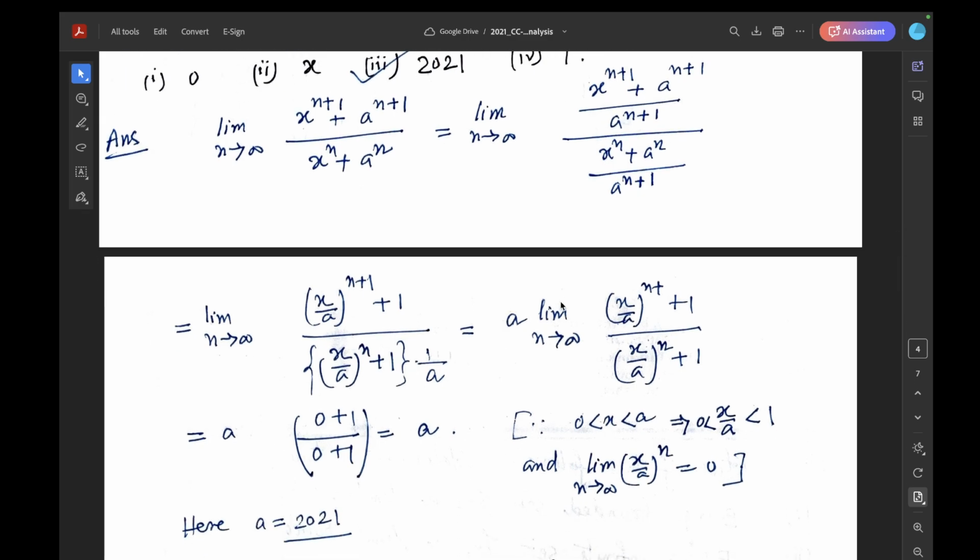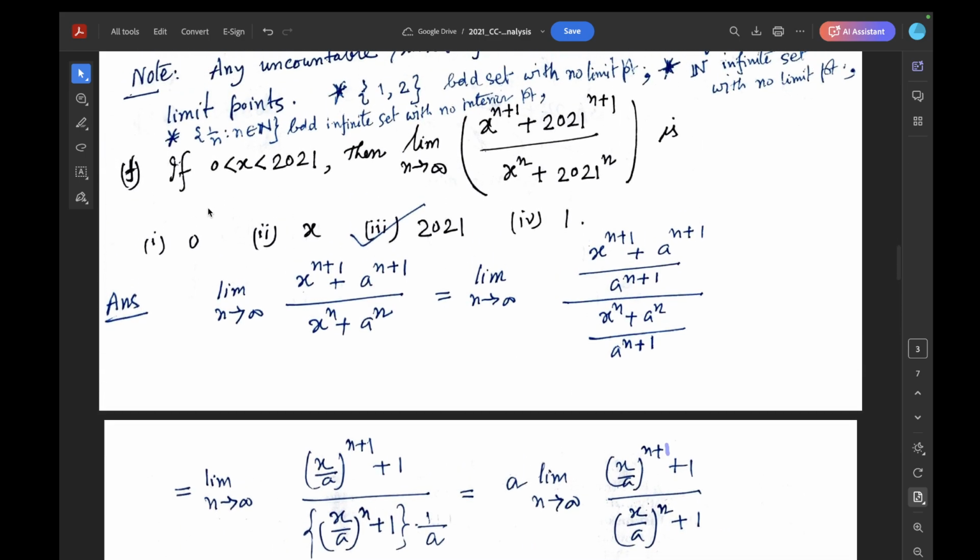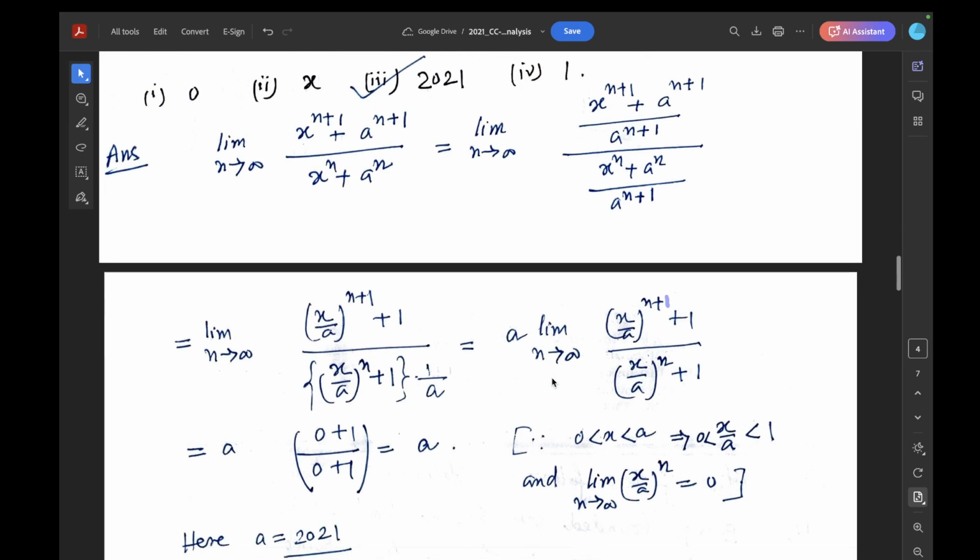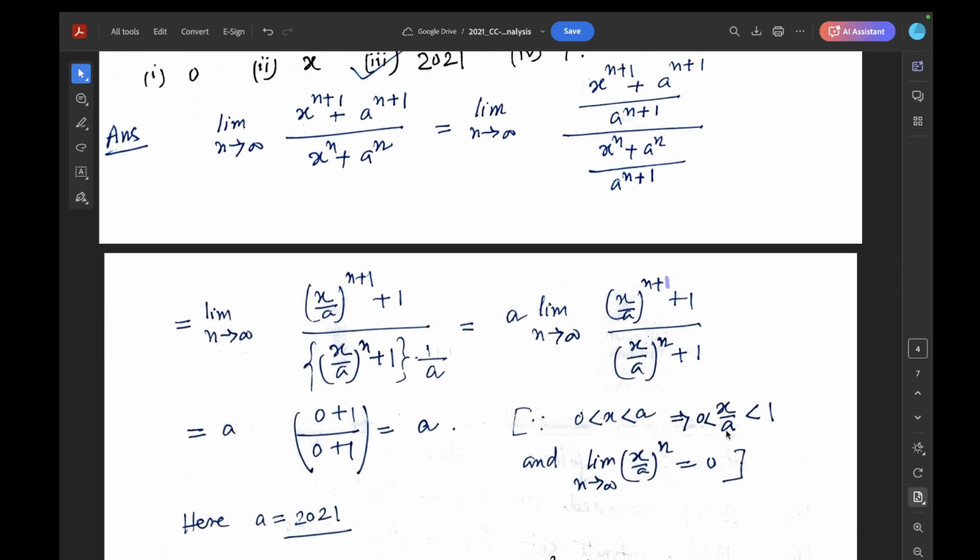This is equal to a times the limit as n tends to infinity of ((x/a)^(n+1) + 1) divided by ((x/a)^n + 1). Now 0 < x < a, so 0 < x/a < 1, so the limit of (x/a)^n equals 0.